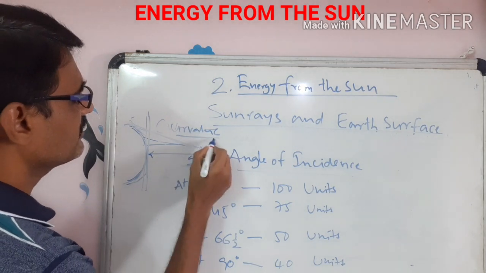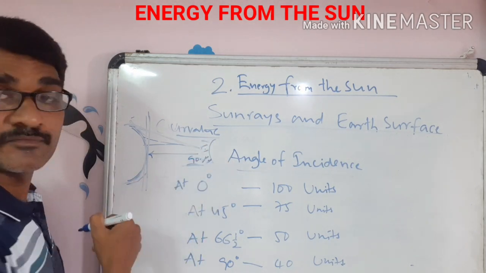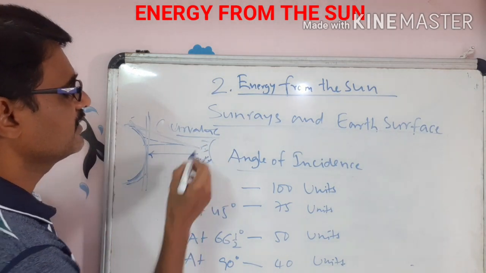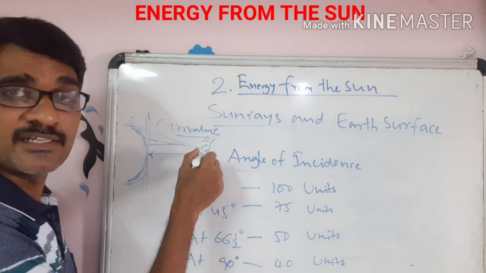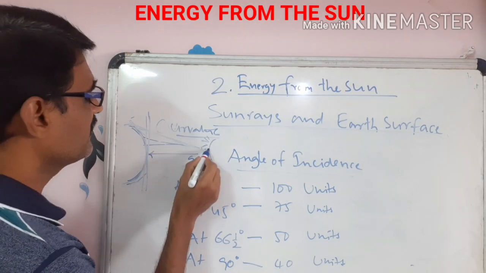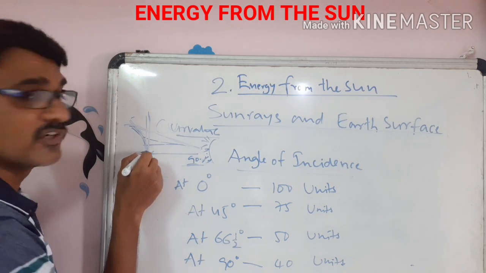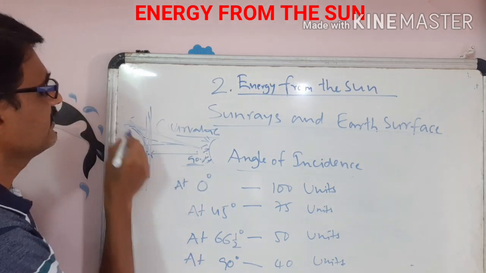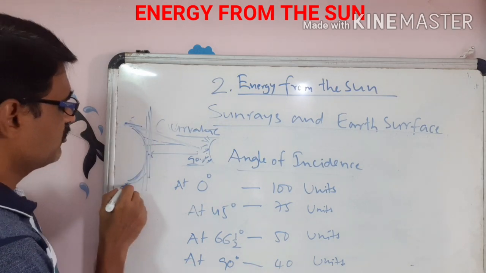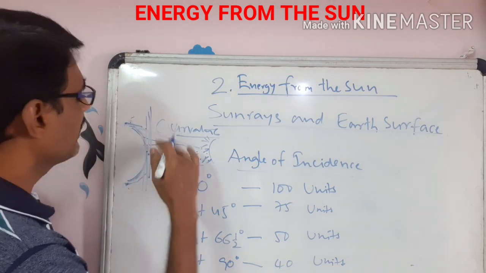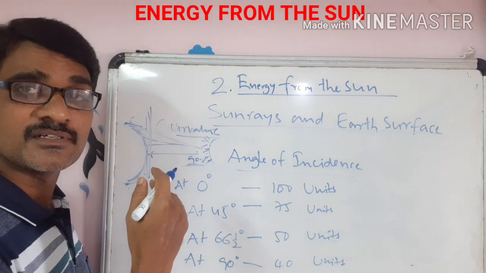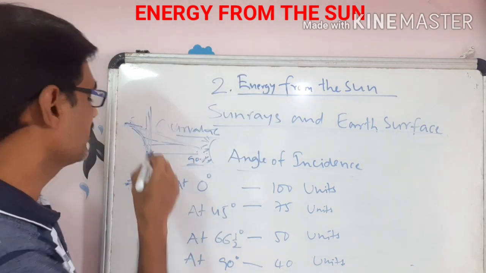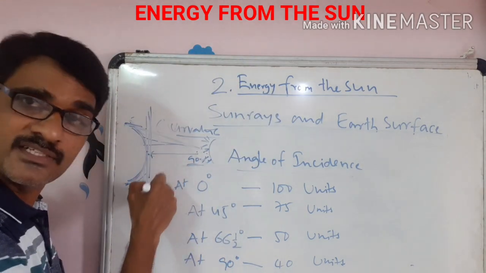The energy is emitted by the sun and it travels towards the equatorial zone. It takes less distance than to the poles, North Pole or South Pole, or the places next to the equatorial zone towards the north or towards the south.